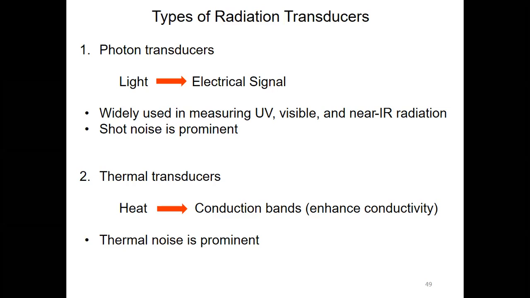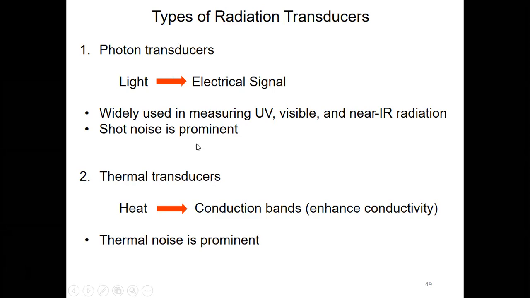So that is one disadvantage in the photon transducer. But in the thermal transducer, because we use heat and temperature, therefore thermal noise is prominent in thermal transducers. Okay, so these are the two main types of radiation transducer.